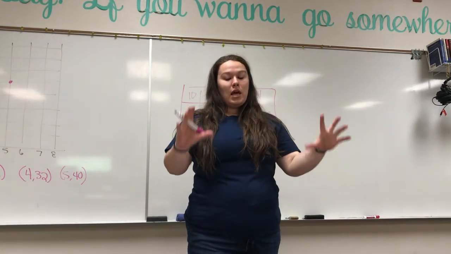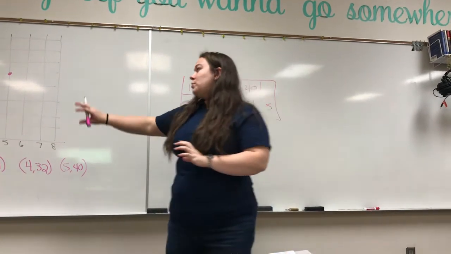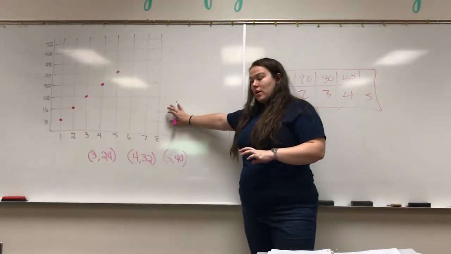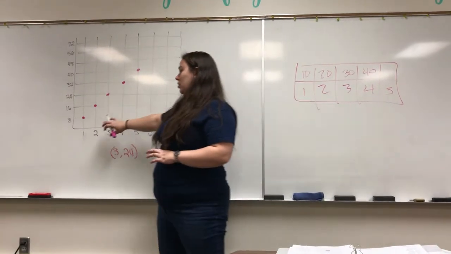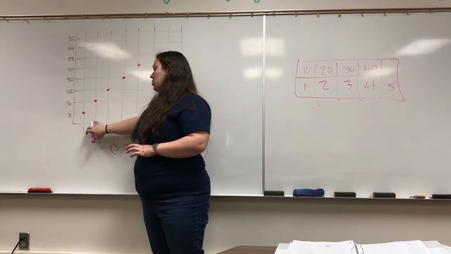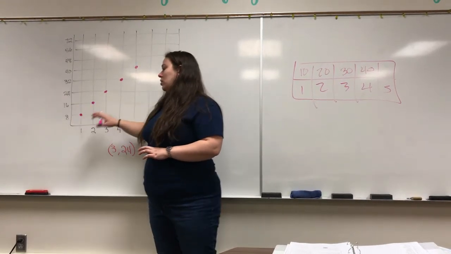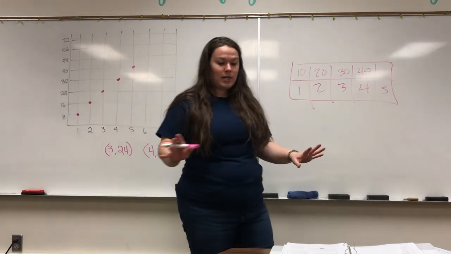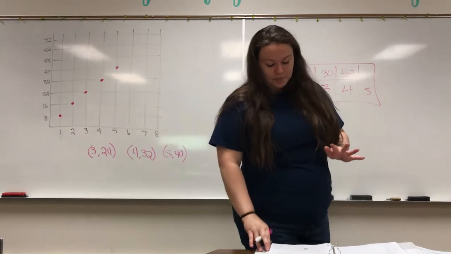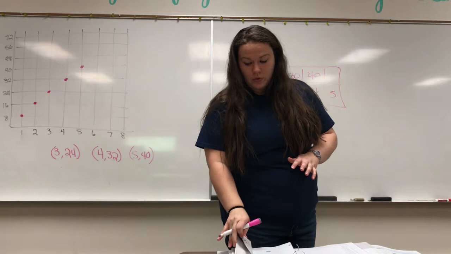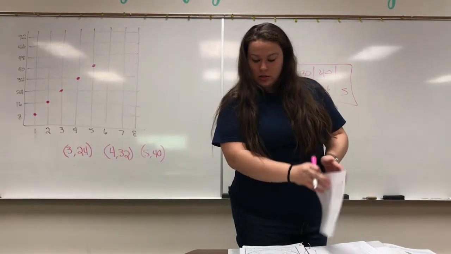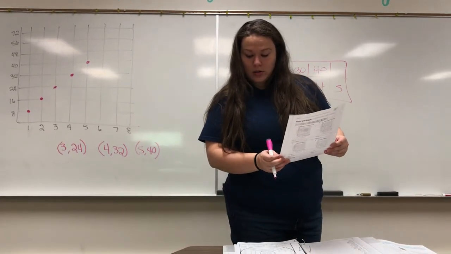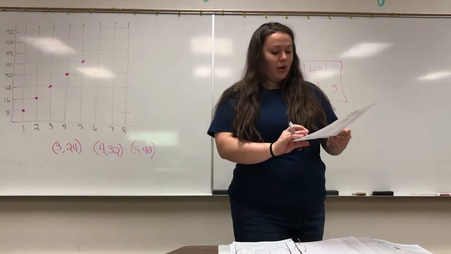You're taking the table and you're just putting it on the grid. And then you need to learn how to read the dots to make coordinate pairs. That's what this whole lesson is about. Okay? So on your 4.8 lesson, you're doing all of the front and all of the back.